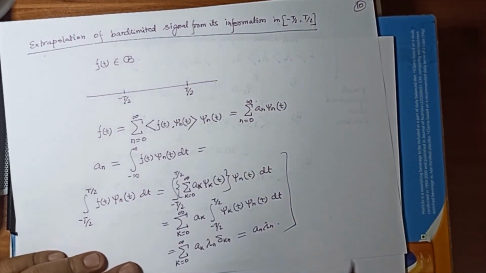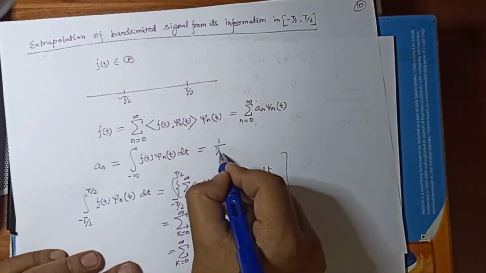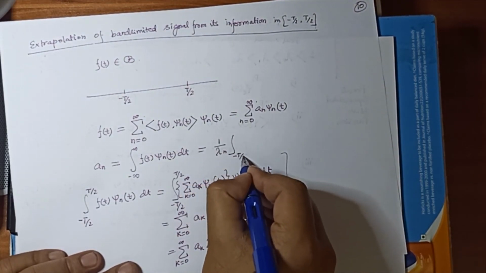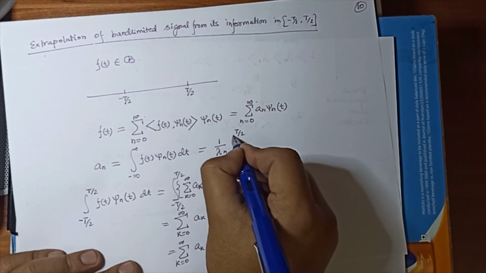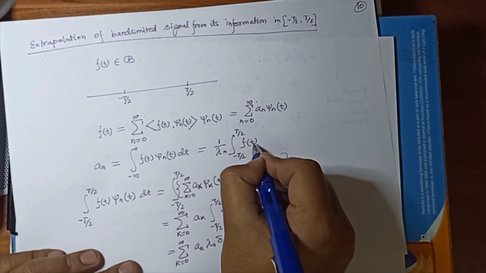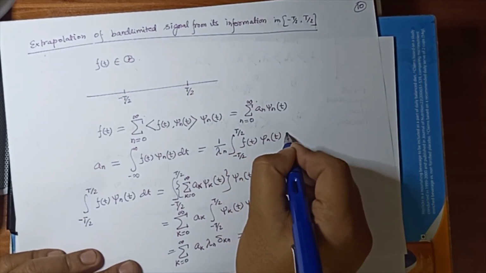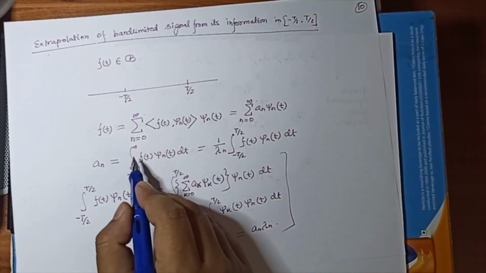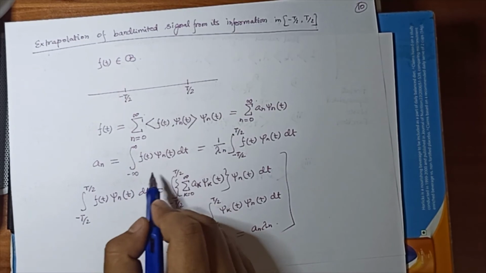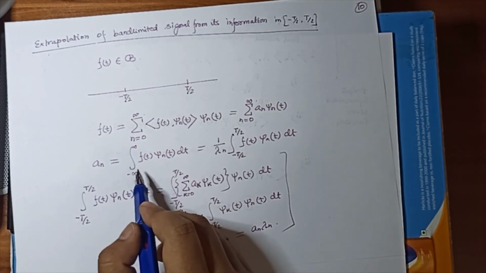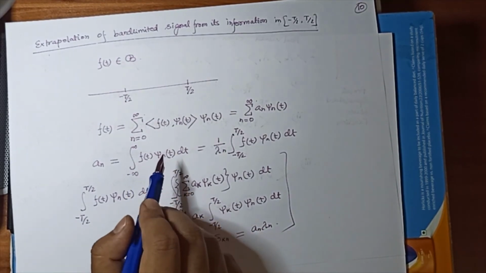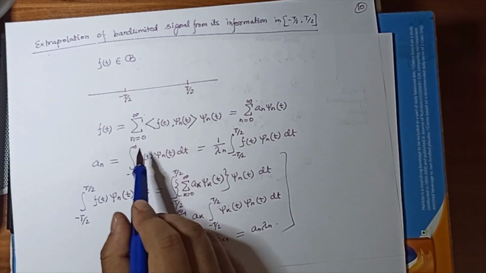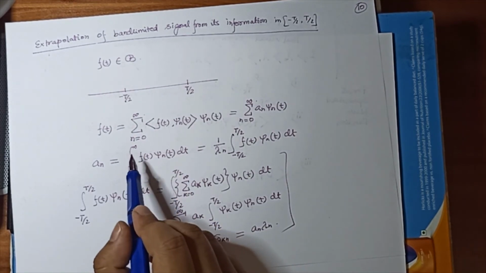So a_n can be computed as 1 by lambda_n times the integral from minus T/2 to T/2 of f(t) psi_n(t) dt. You can see that things are becoming easier, because computing an integral in the infinite duration needs a filter, like a correlator, which can correlate between minus infinity and infinity.